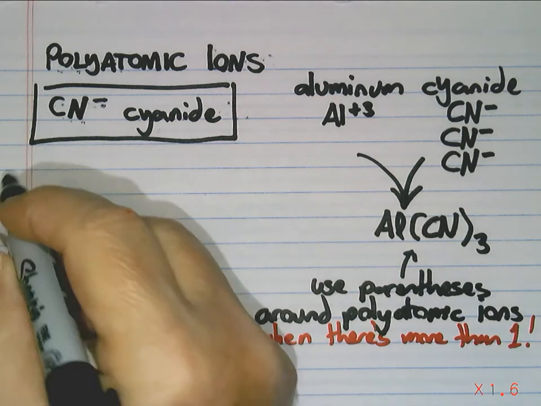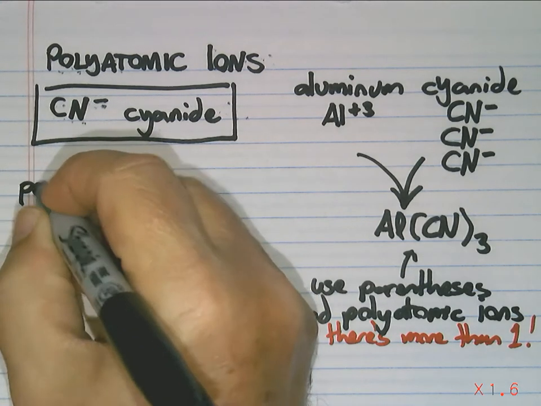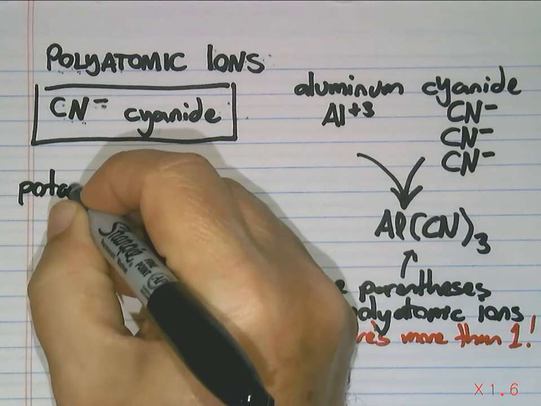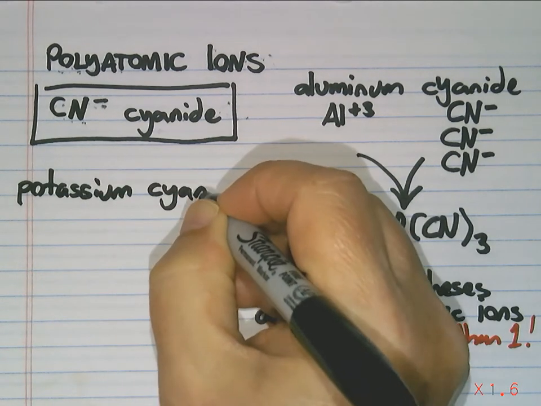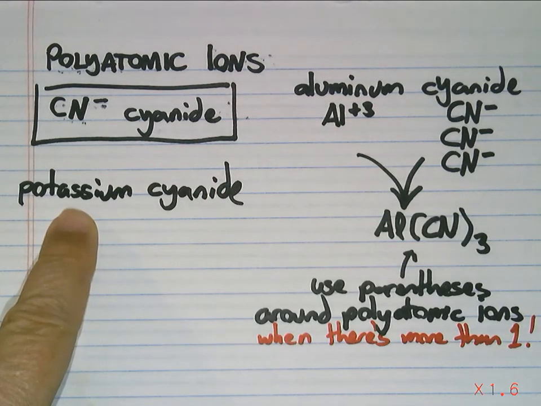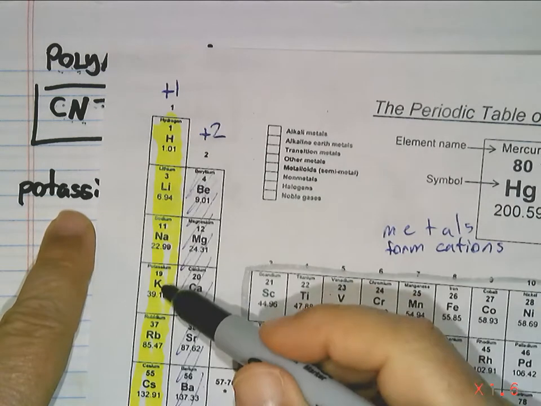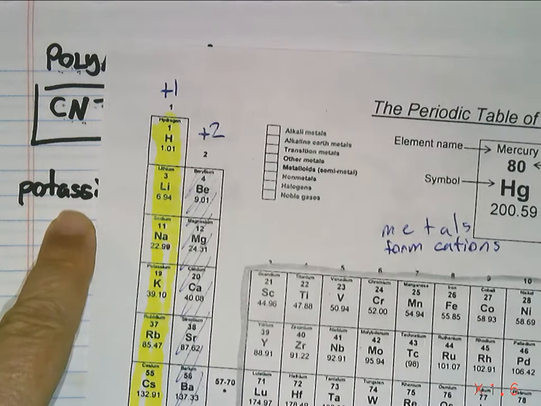For example, if I ask you to give me the formula for potassium cyanide, the process would be, let's look up what a potassium ion's charge is going to be. I find it on the periodic table. It's right there. It's in the +1 column.